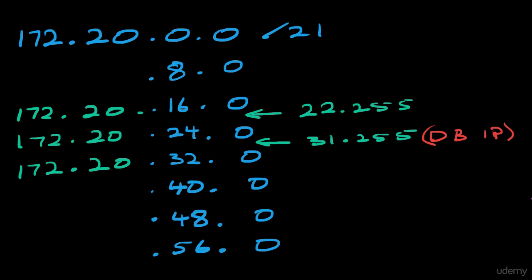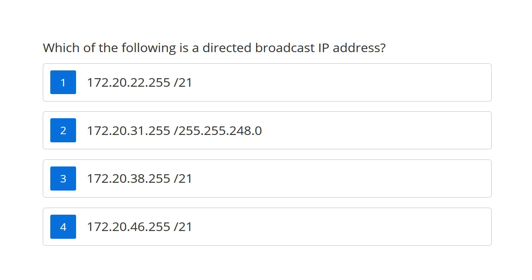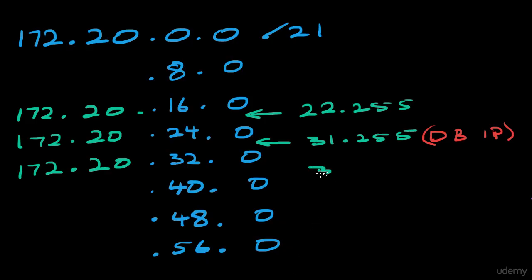Let's look at another IP. 172.20.38.255. 38.255 is in between 32 and 40. This is 172.20.40.